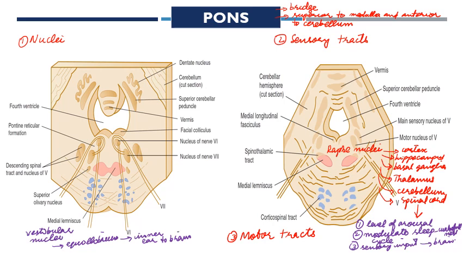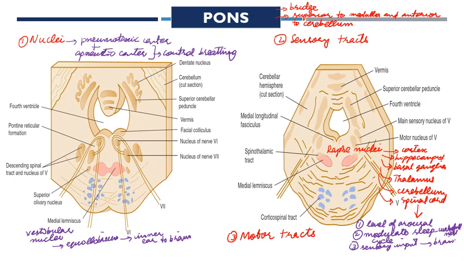Other important nuclei in the pons are nuclei that are located in the pneumotaxic center plus apneustic center, and the nuclei in these two centers control breathing along with the medullary rhythmic area.